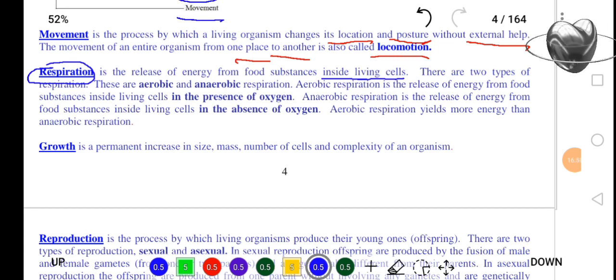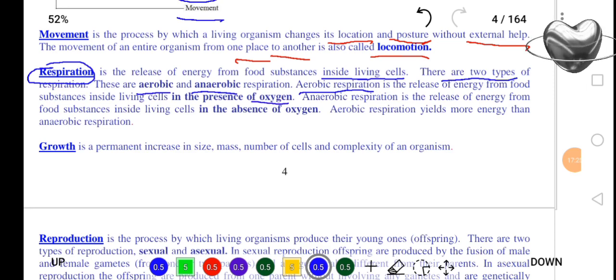Now, we have two types of respiration. We have respiration which is known as aerobic, and the other one which is known as anaerobic respiration. What is aerobic respiration? Aerobic means oxygen, meaning this is the type of respiration where energy is released in the presence of oxygen.